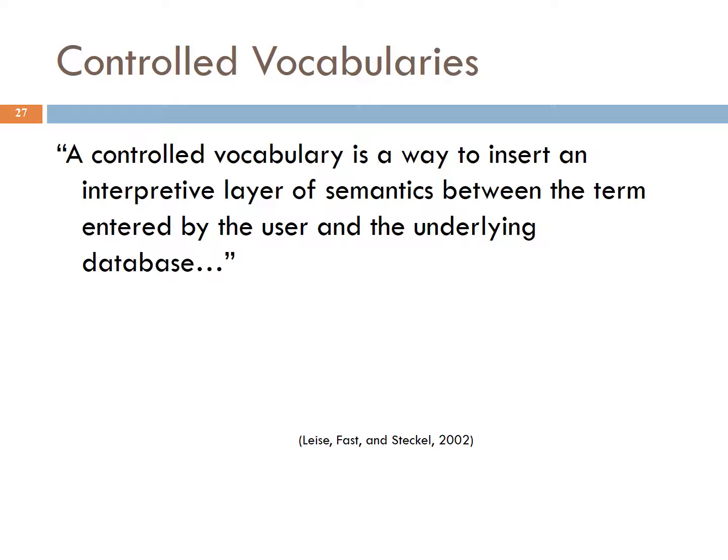So a controlled vocabulary in the broadest sense is really any standardized list of terms that have been selected for consistent use in describing or indexing information resources. Now, controlled vocabularies can also include synonym and ambiguity control, as well as semantic relationships and cross-references across and among terms.